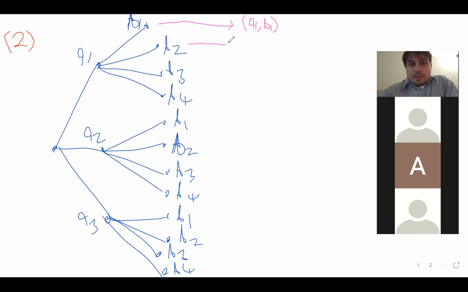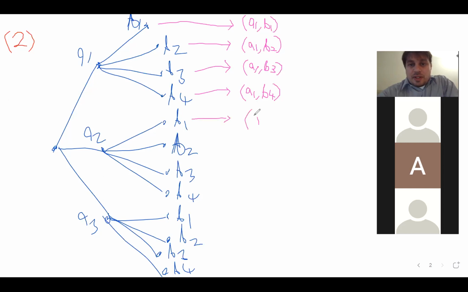The second branch says first you chose A1 from set A, and then you chose B2 from set B. Third branch says A1 from set A, and B3 from set B. The fourth branch says A1 from set A, and then B4 from set B, and so on.